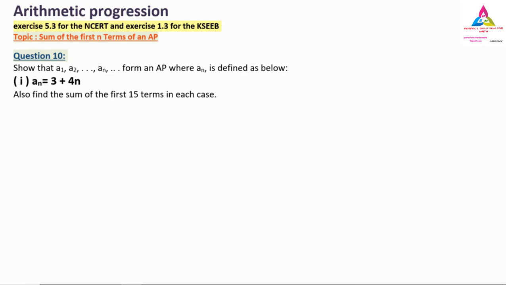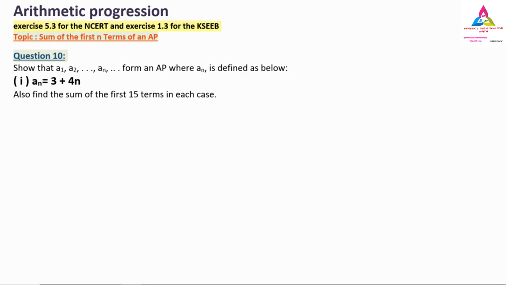So what is the given thing over here? They have told that the given sequence is in AP. The first term and common difference are not given over here, but what they have given is An. An is not given directly, but they have used some trick: An is equal to 3 plus 4n, means they have used one equation for An.